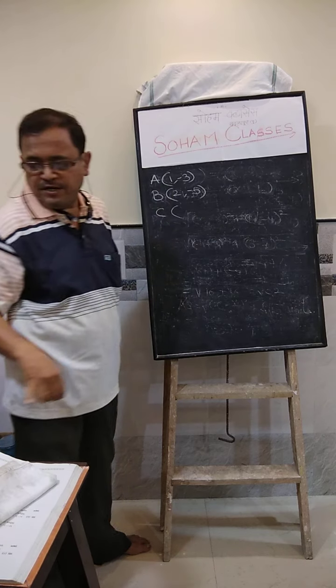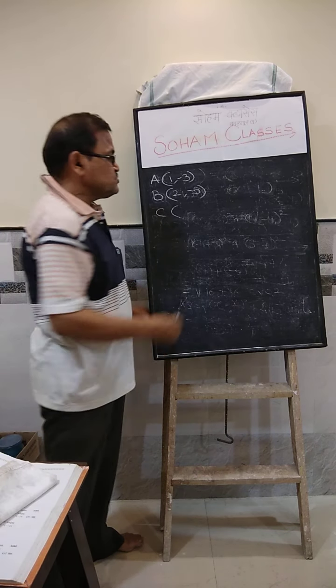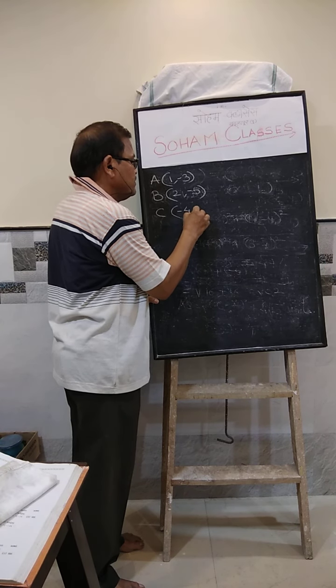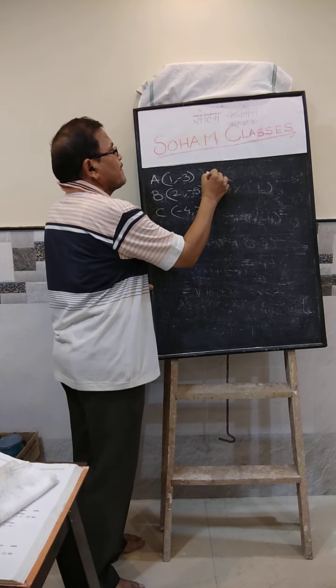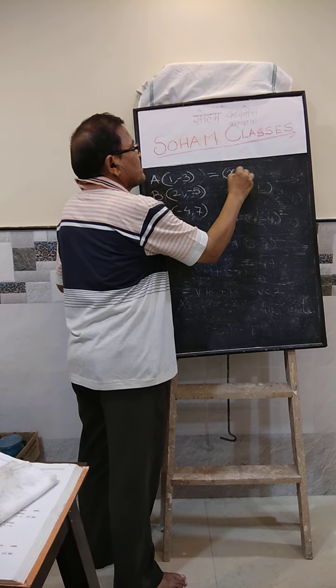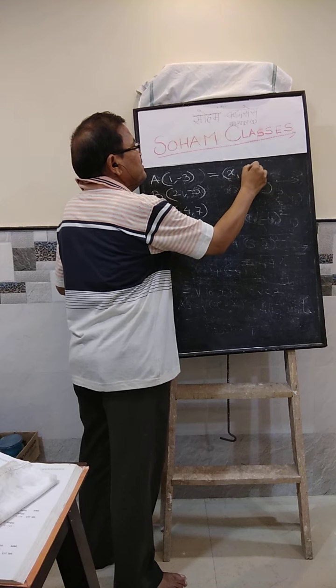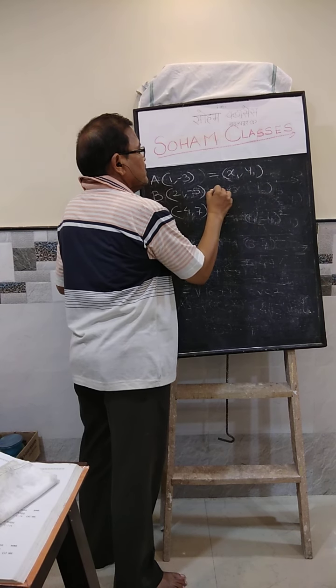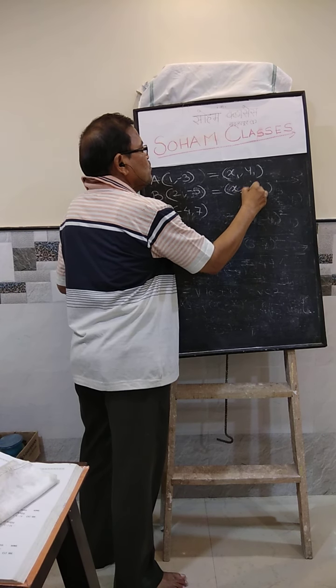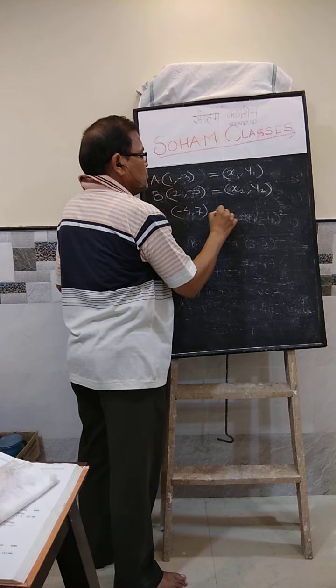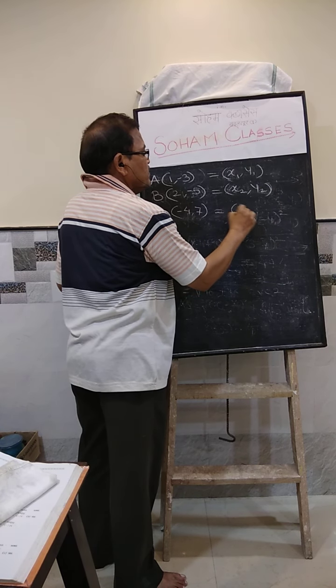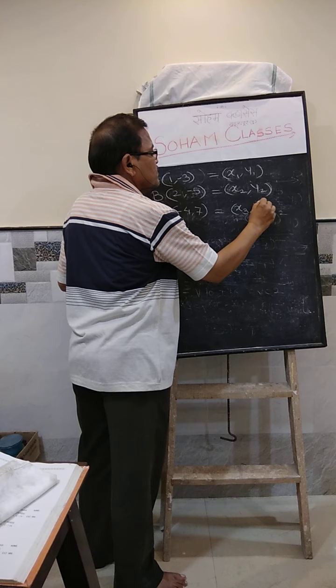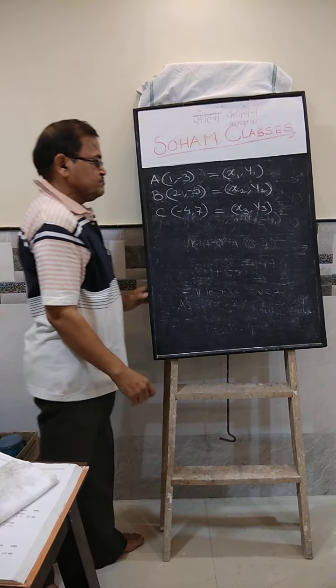Coordinates of point C are minus 4, 7. Suppose these are x1, y1, x2, y2, x3, y3.